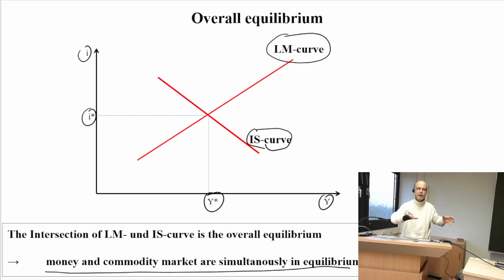So again, to summarize, we start at first with two separate markets. We look at the commodity market. There, in behind, we fix interest rates to I1, I2, I3, and look how then income to be in equilibrium changes at the commodity market.